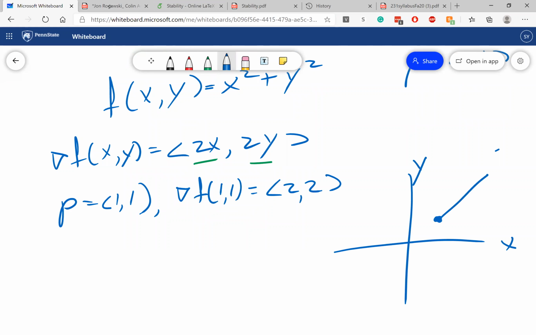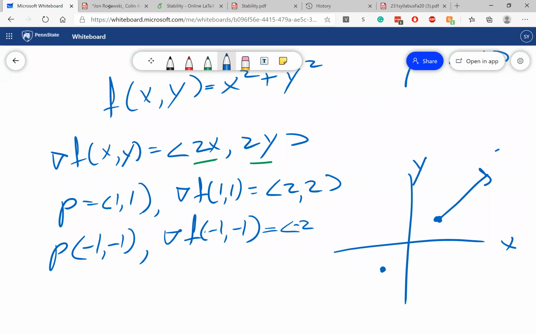So it's going to be some vector pointing out like that. Okay, let's try another point. Let's try the point -1, -1. So the gradient of f at -1, -1 is going to be -2, -2. And so it's going to be pointing in that direction.